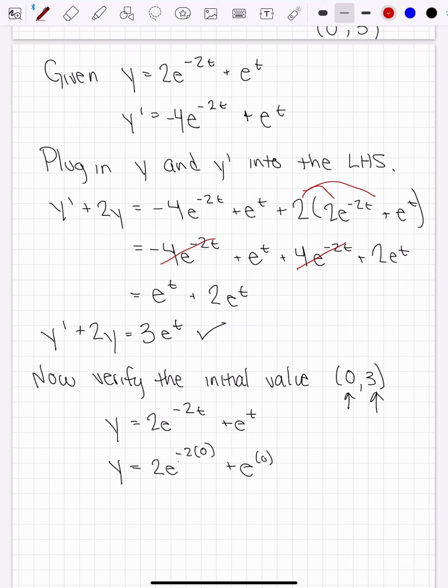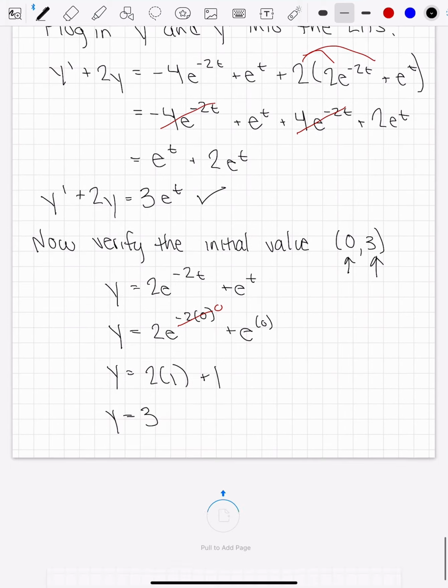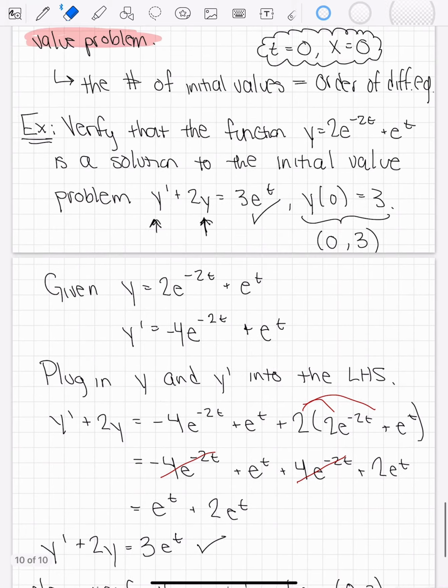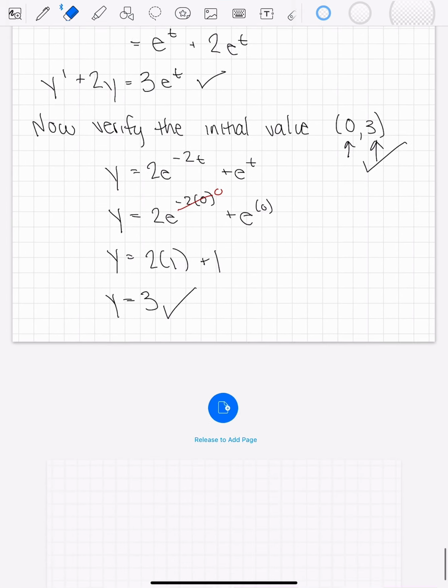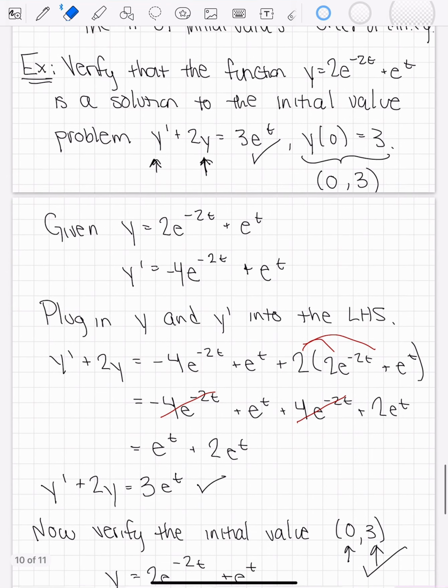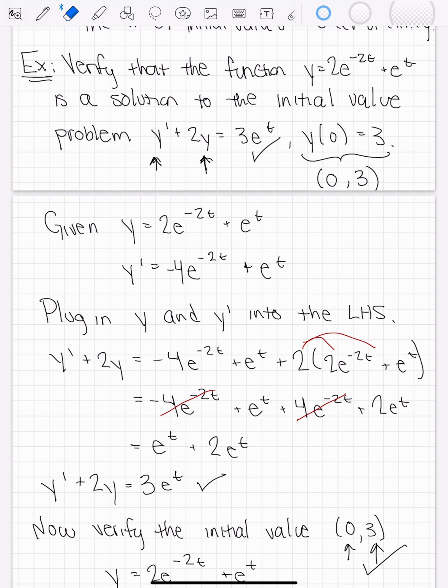Remember -2 times 0 is just 0, and anything to the 0 power is just 1. So this is 2 times 1 plus 1, which is 2 plus 1, which is 3. So y is 3, and that is exactly what we wanted. So that's how we verified that the solution works for the differential equation and for the initial value.